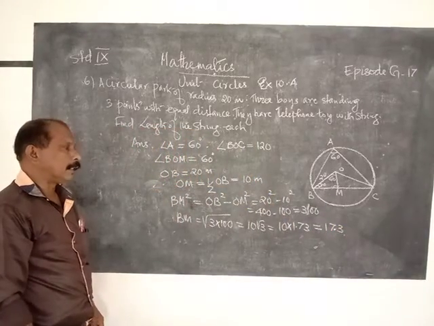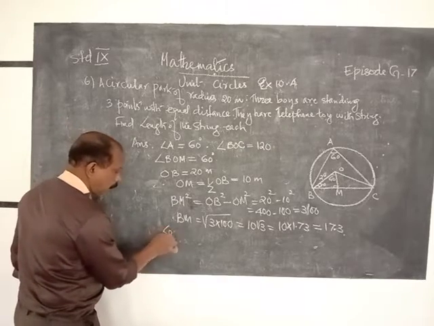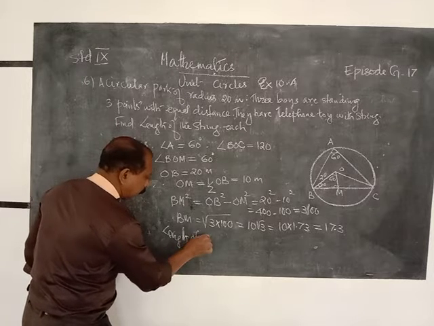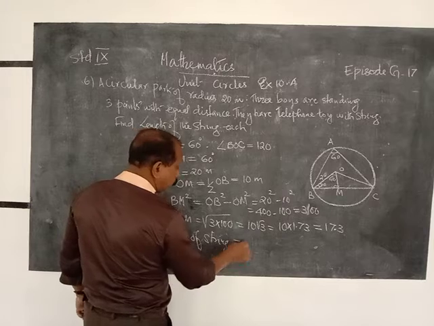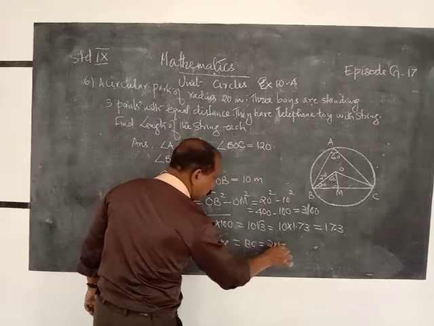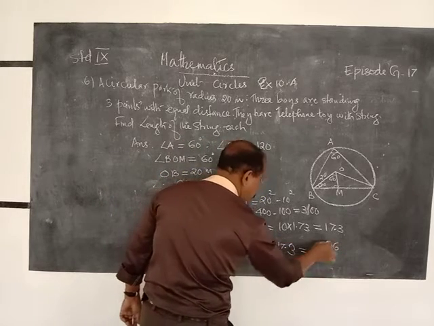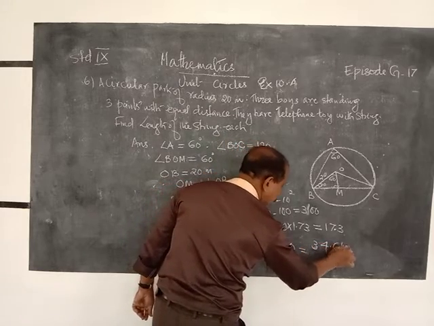Therefore, the length of this string is equal to BC. Therefore, length of string is equal to BC, that is equal to 2 into 17.3, is equal to 34.6 meter.